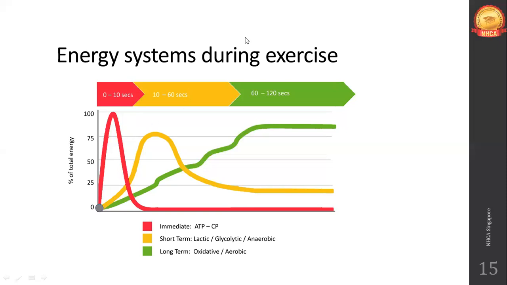I guess everyone knows what planks are. So what kind of energy are you utilizing when you do planks? Yes, you are using the ATP-CP system when you try out planks, push-ups, etc.